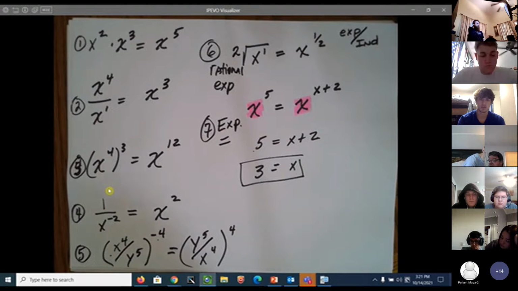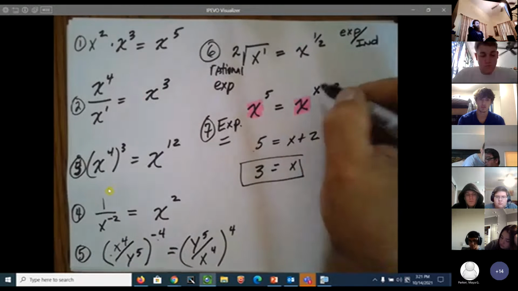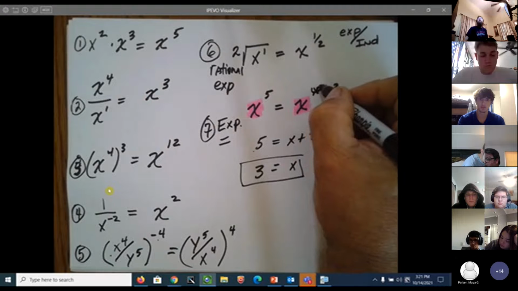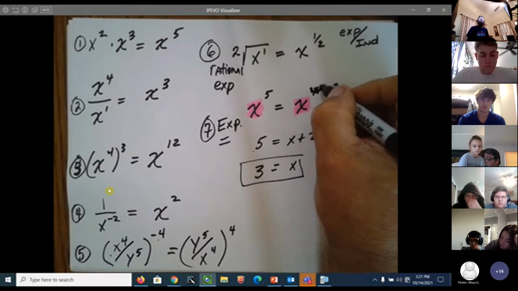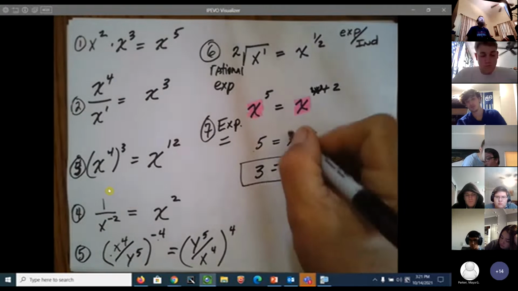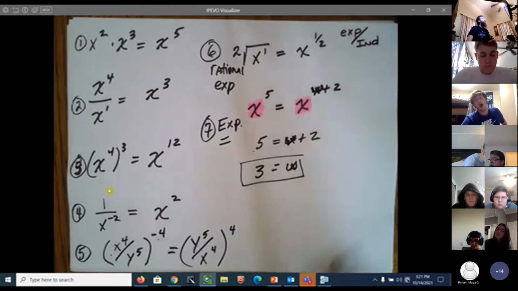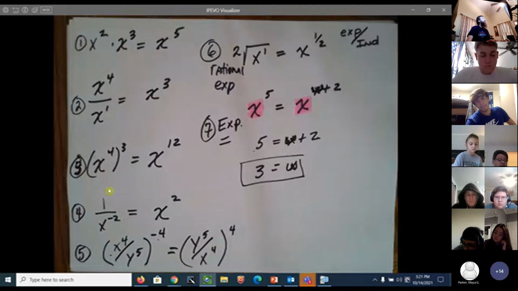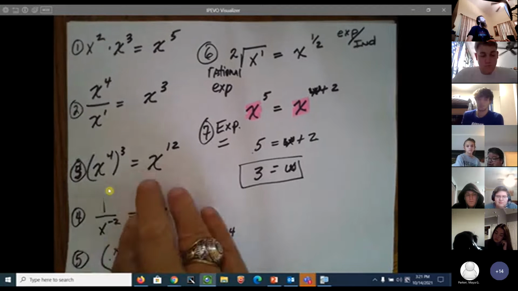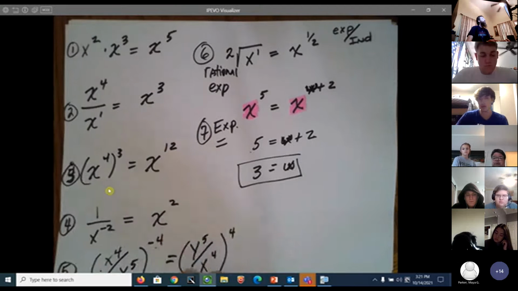Okay? And usually this is a different exponent, so I'm going to make this a W. W plus 2. W. Okay? Clemson. So that's your exponential rules revisited.